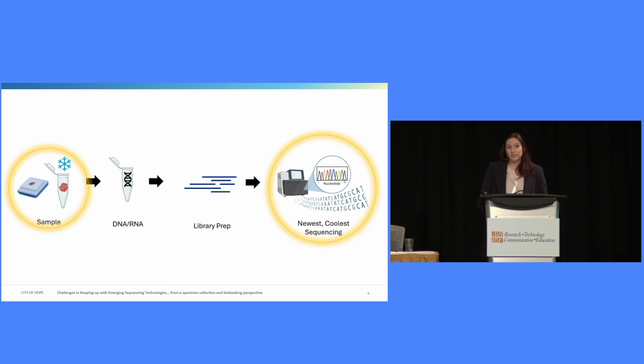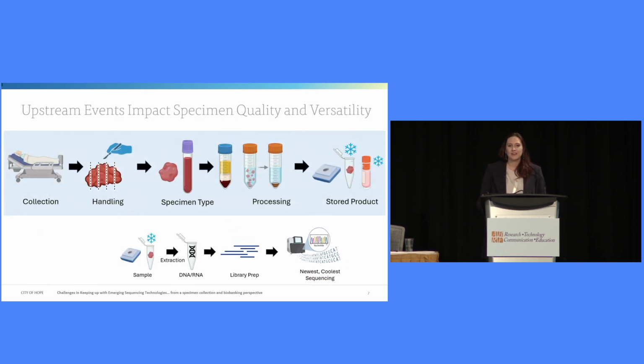And I believe the reason why this happens is because many investigators don't understand exactly where their specimens come from and what's happened to them upstream. And in fact, quite a bit has happened upstream. There's the physical collection from the patient and the circumstances surrounding that collection. Was it a research-only collection, or is this specimen left over from a clinical procedure such as a surgery or a biopsy?